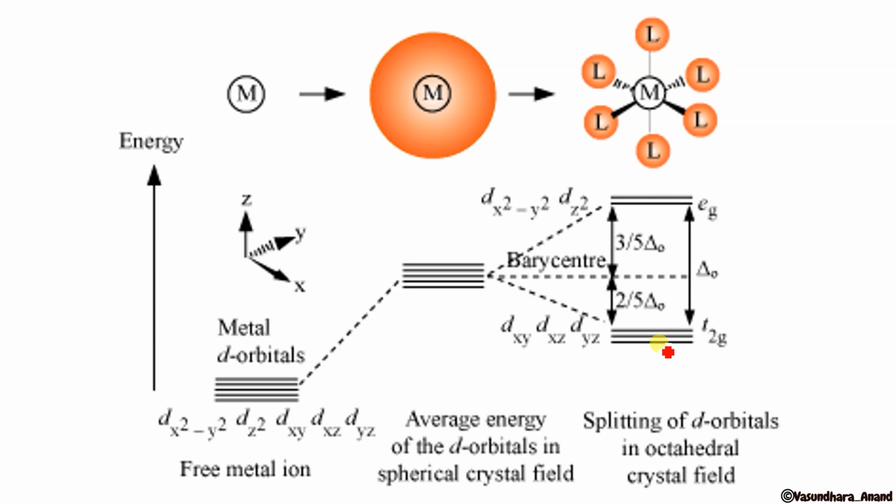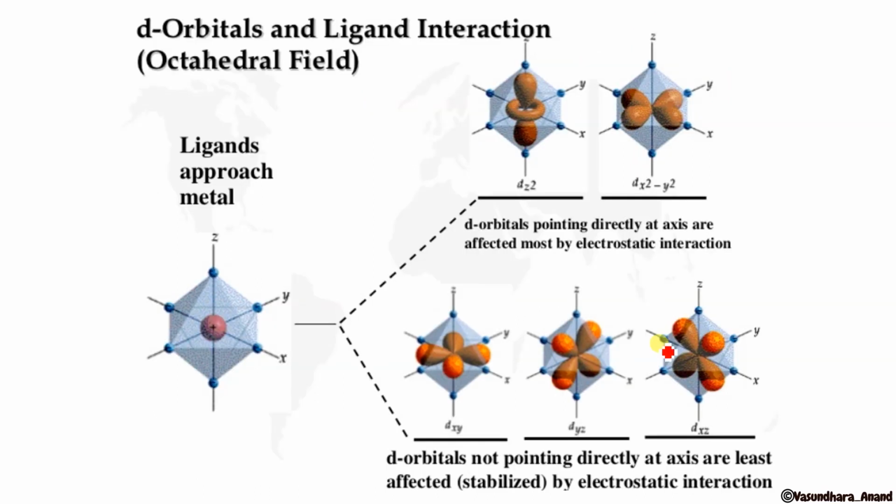Okay. So now the next thing, d orbitals and the ligand interaction in octahedral field. How does the ligand interaction of the d orbital happen? Let's see. So here it is. As I told you, this is the octahedral. Okay. That means if you draw that, here the ligands in the plus axis as well as minus axis will be there.